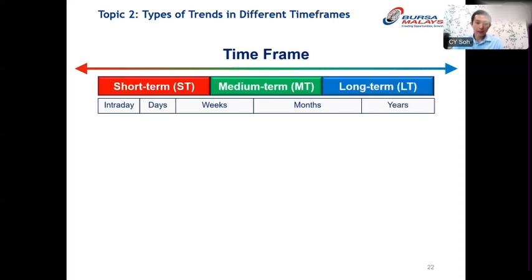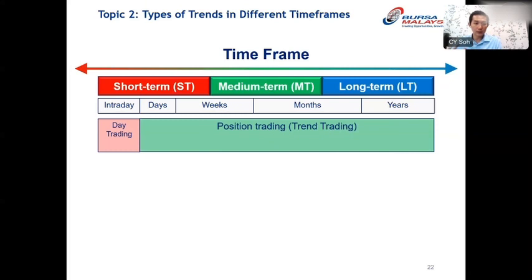So if you're doing day trading, you will generally be trading intraday trends. Some people will call day trading short-term trading. If you're doing short-term trading, you will be trading trends that last from days to weeks. And if you're doing medium-term or even long-term trading, all of those are what we call position trading.